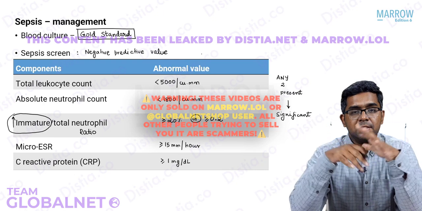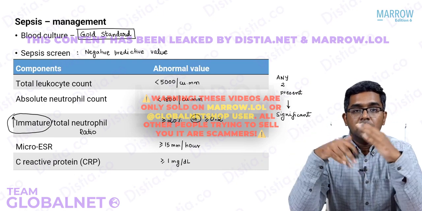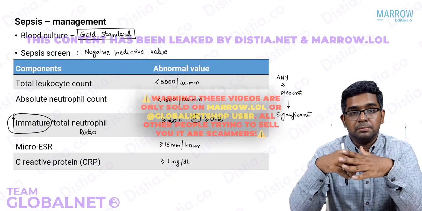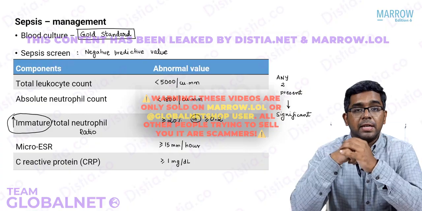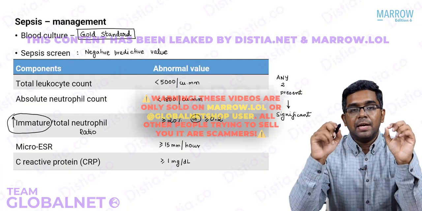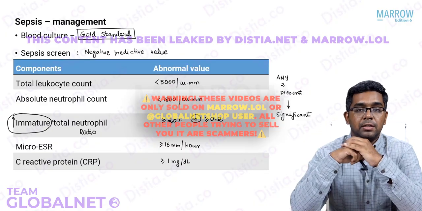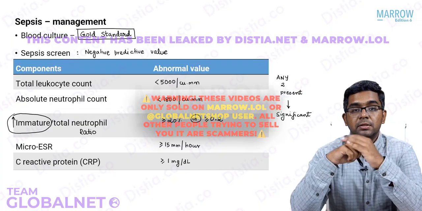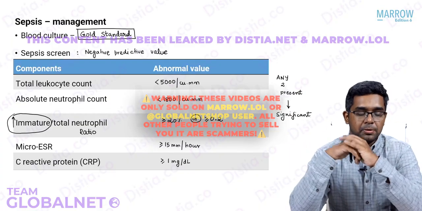If the test is negative, it means infection is unlikely. However, if the test is positive, still we cannot diagnose sepsis. We always have to go for the diagnostic investigation, and that is blood culture. So remember, the value of sepsis screen is only as a negative predictive value to rule out an infection rather than ruling in an infection. Okay, this is something which you should know about.